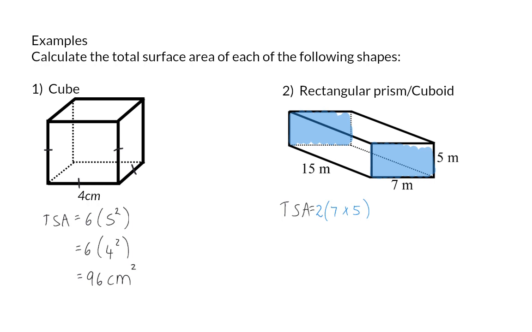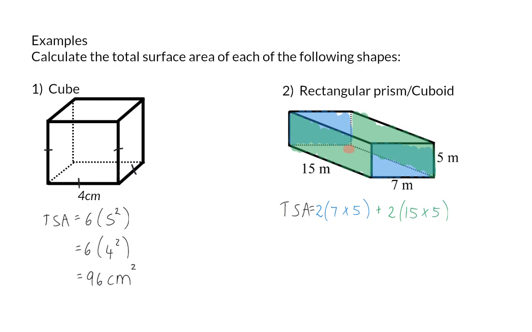Next up, on the left hand side, we have a 15 by 5 rectangle, and right across from that on the right hand side, we have a second identical one. So we can now add to this 2 15 by 5 rectangles.